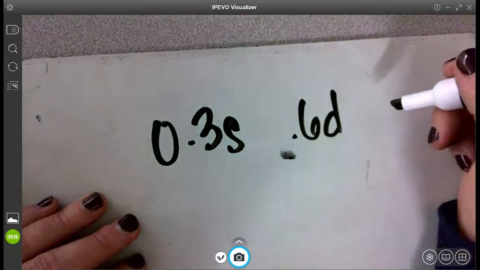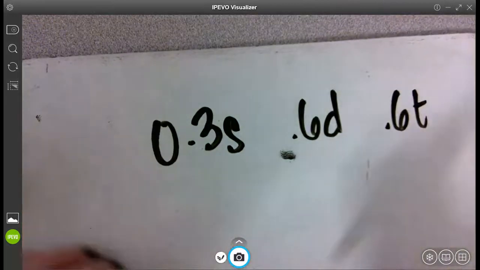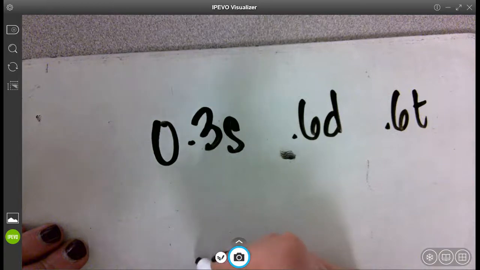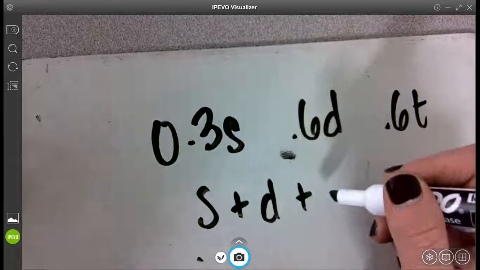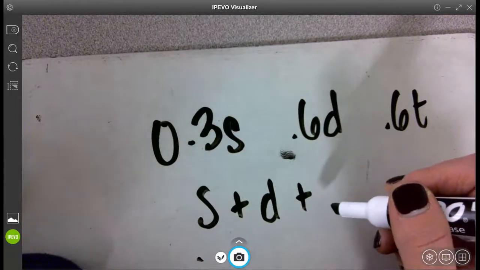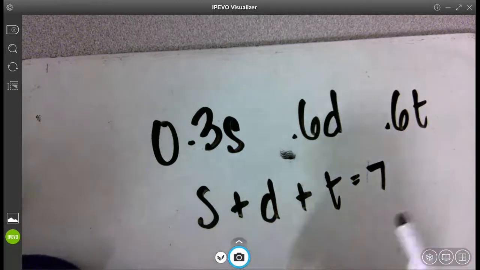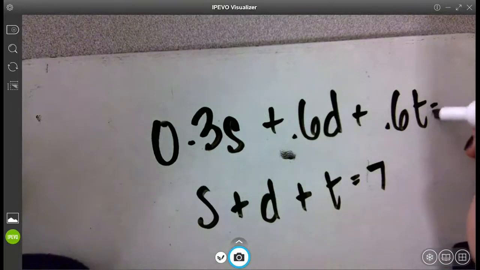And a talk show had 0.6 gigabytes. She downloaded 7 programs. So she had a sitcom, a drama, and a talk show totaling 7 programs. And this totaled 3.6 gigabytes.